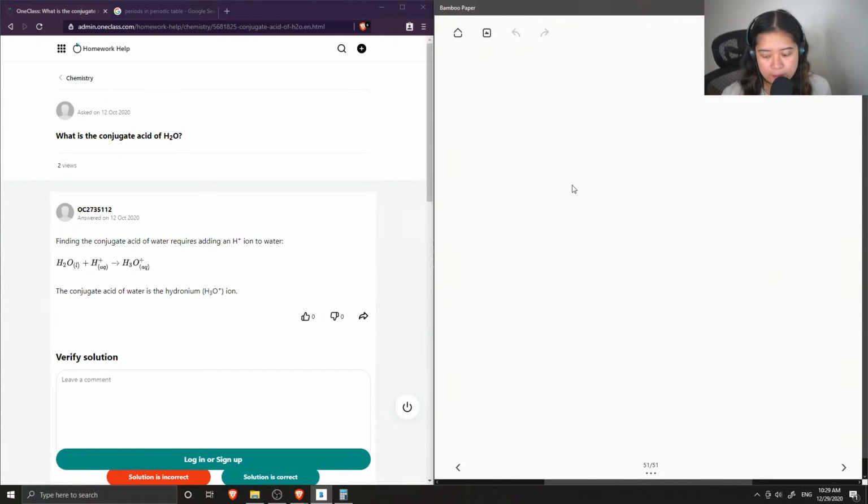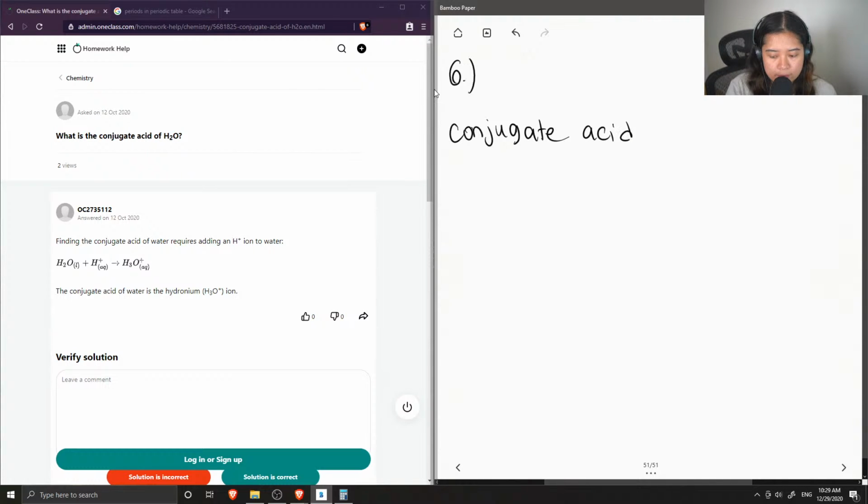And we are on question number 6. What is the conjugate acid of H2O? Okay, so let's recall that conjugate acid is the species formed after it accepts a proton.